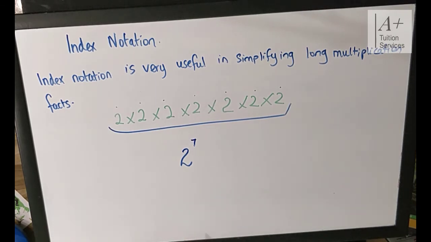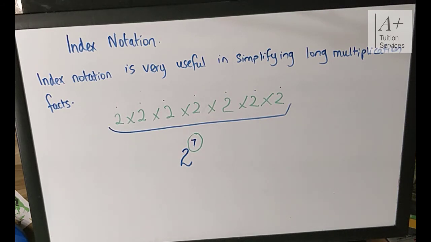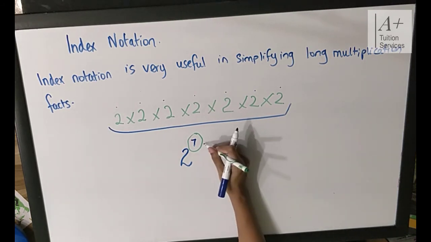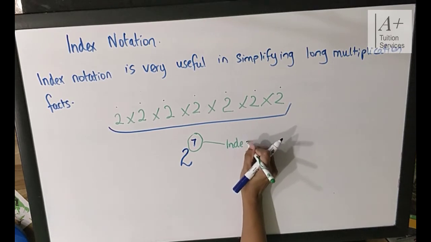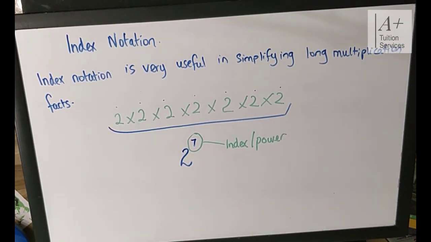This number 7 here is not a square or cube because it is not 2 or 3. So this number is called the index or the power.